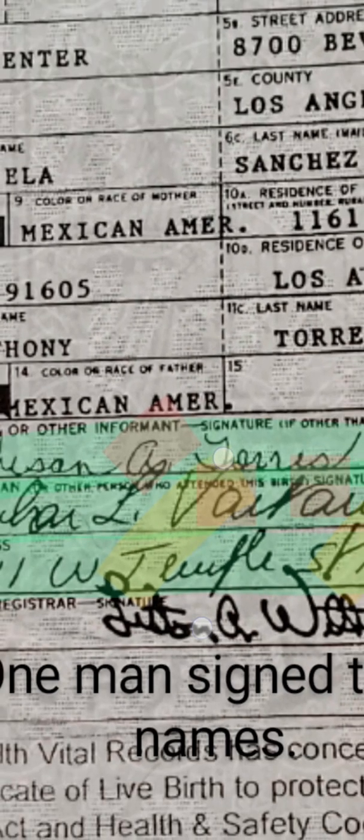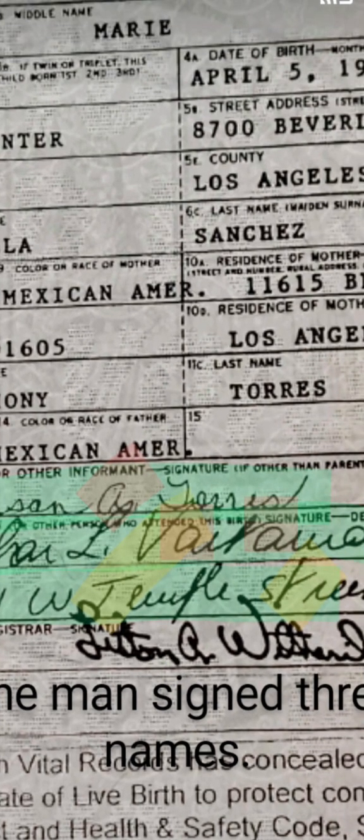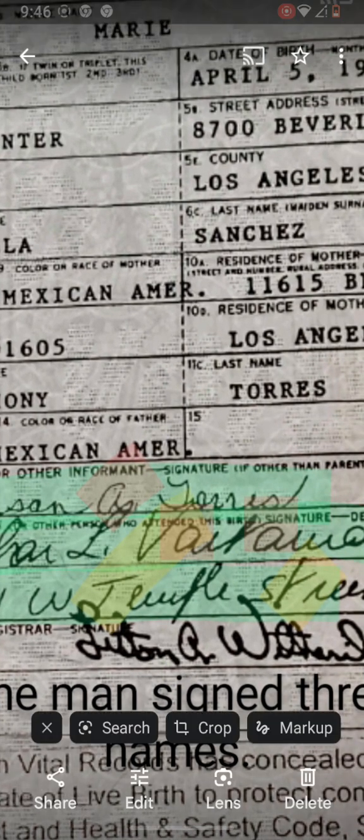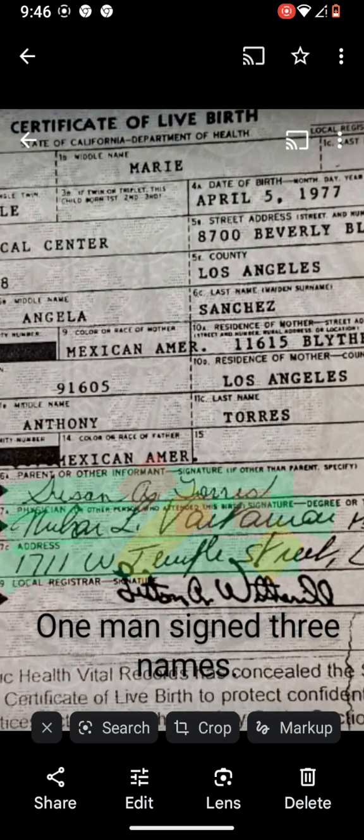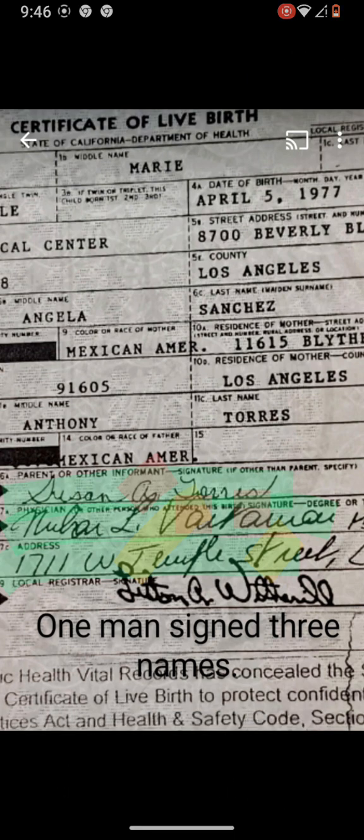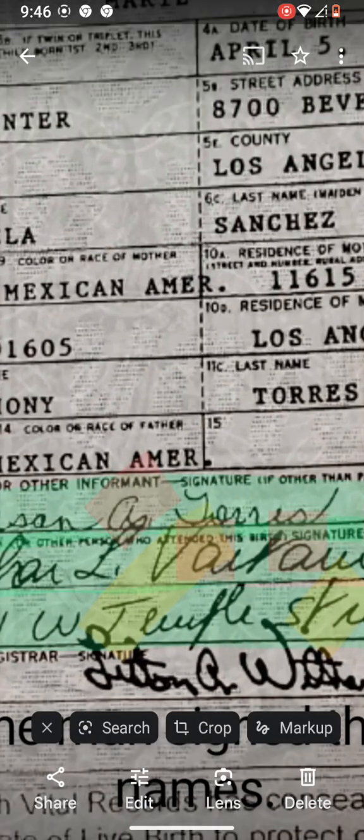Also, I noticed the person who does this has a habit of making their first letter in print and then the rest in cursive. Look at these T's. Notice they look pretty similar. And also, this is a capital, but in print, followed by cursive. Capital in print, followed by cursive.